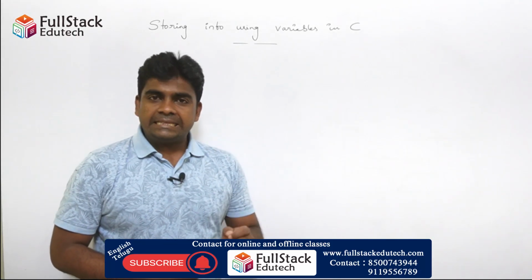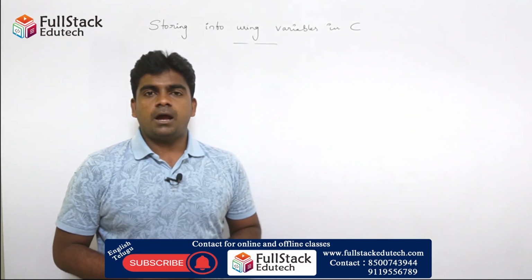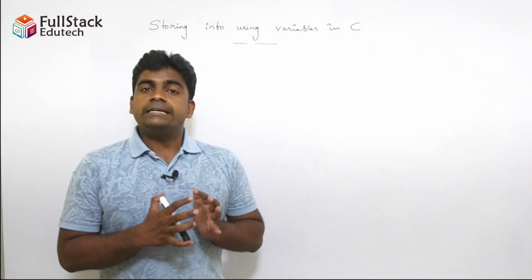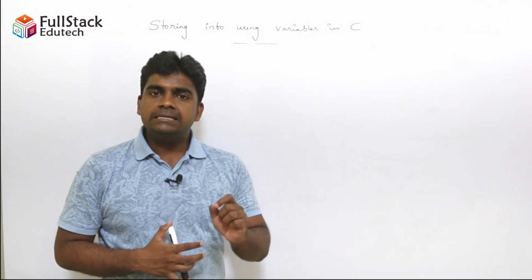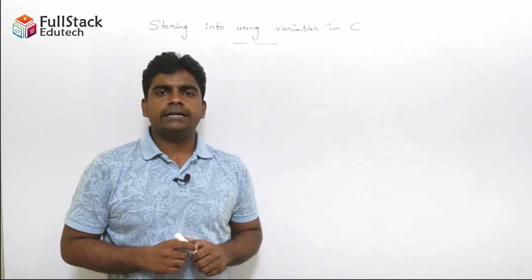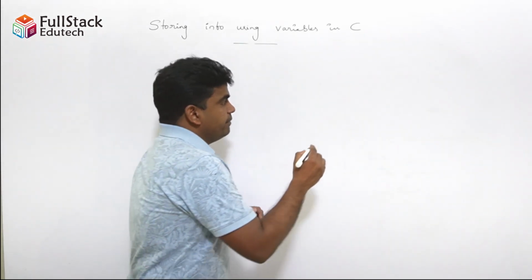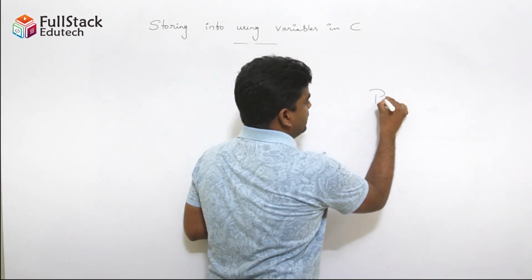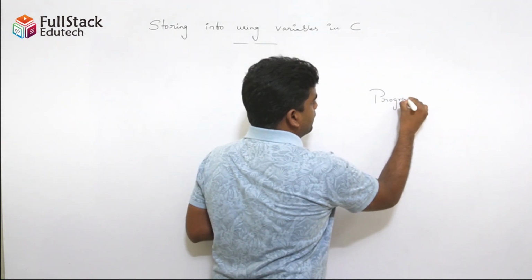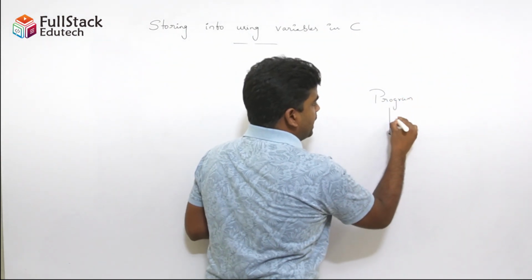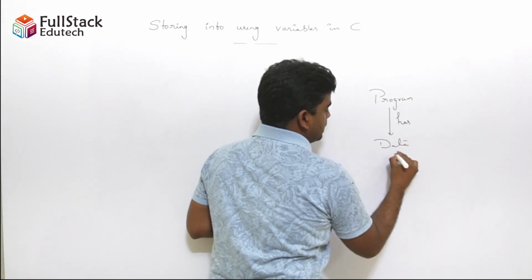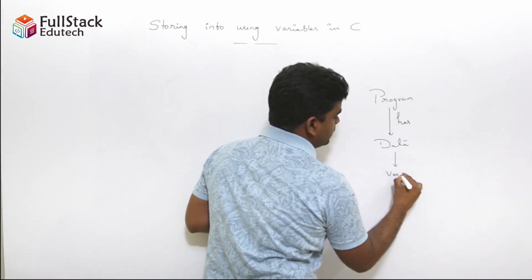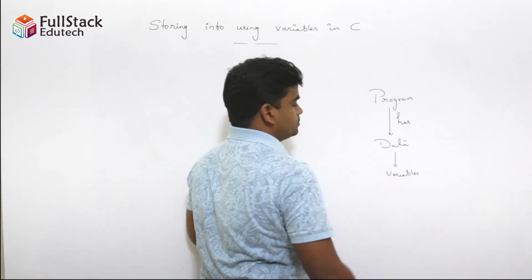Hi everyone. In this video I am going to explain how to store different types of data into variables in the C programming language. We already discussed that every program has data, information, and we store that information into variables.